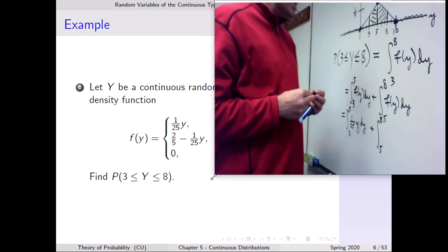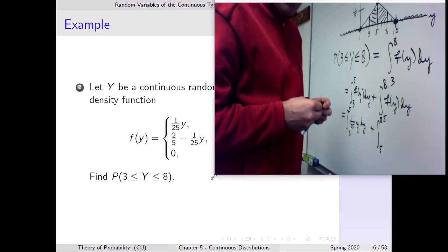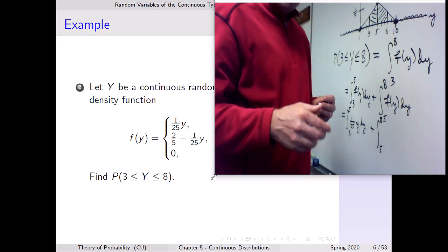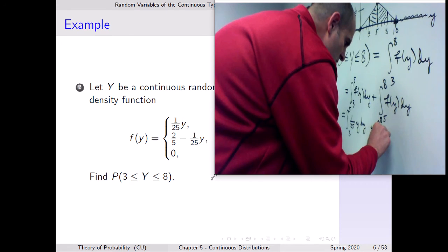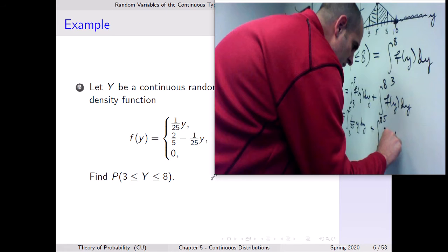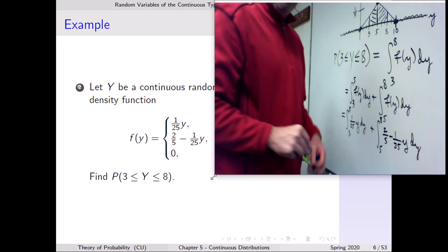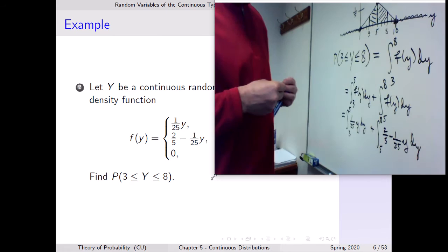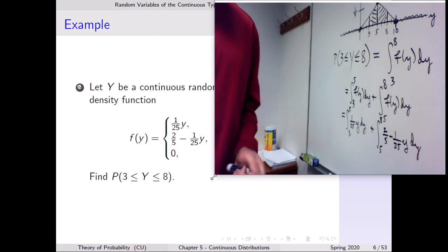From 5 to 8, it's equal to 2/5 minus 1/25 y. You can kind of see that on the notes right there. 2/5 minus 1/25 y dy. And now we need to integrate this thing.